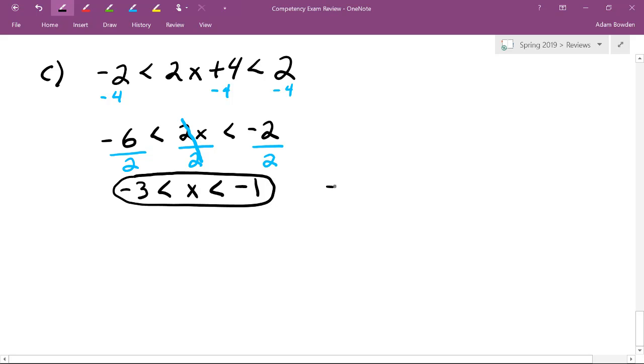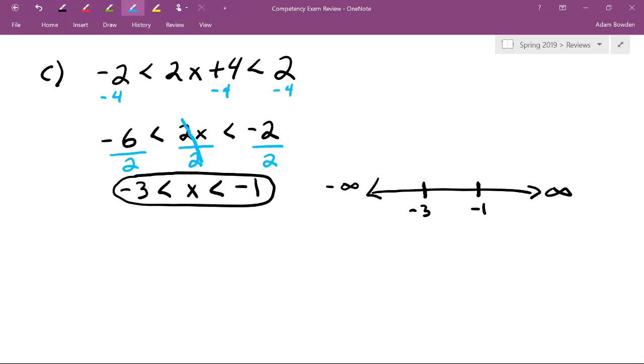And that's the solution, which we're now going to visualize and graph on the number line and write in interval notation. Since these are less than symbols, we use parentheses, but we have two numbers here, negative 3 and negative 1. So I'm going to put marks on the number line for those numbers. X is in the middle between the two.